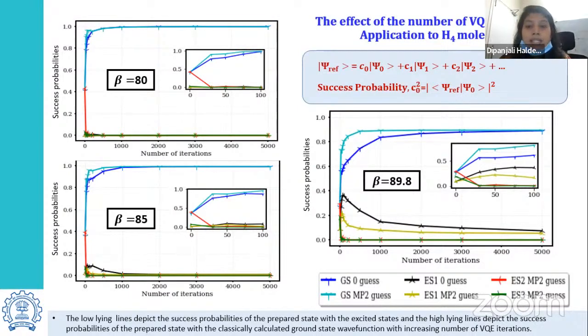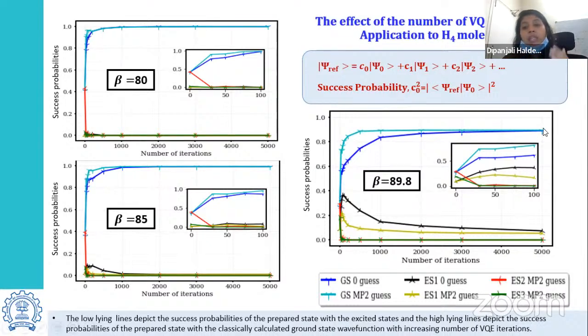And what we can see is that for number of iterations 0, which basically refers to the Hartree-Fock state, the success probability or the overlap of the initially prepared state with the excited states and the target ground state are almost the same. So that's why starting from the Hartree-Fock state is not a very good option.